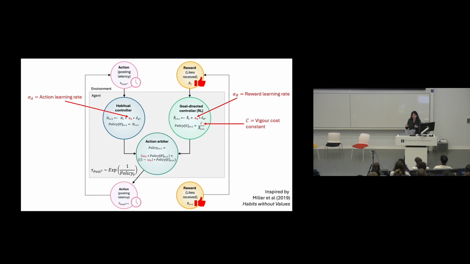And then finally, in our hybrid models, we had a third component, an action arbiter, which combined the policies from these 2 underlying components with a weighted average governed by the habit weight, a free parameter varying across individuals, which governs the weighting of the habitual policy in the system. The final posting latency is then probabilistically determined by that policy.